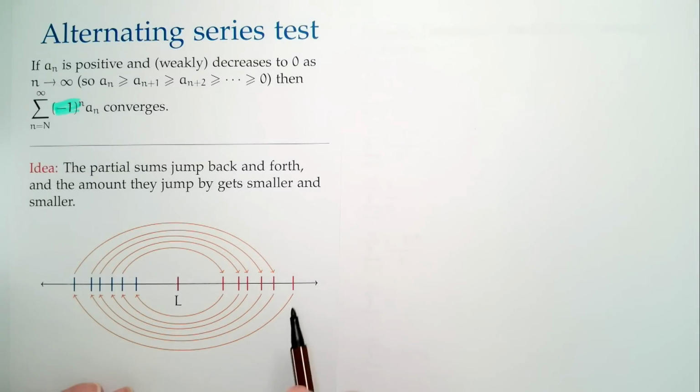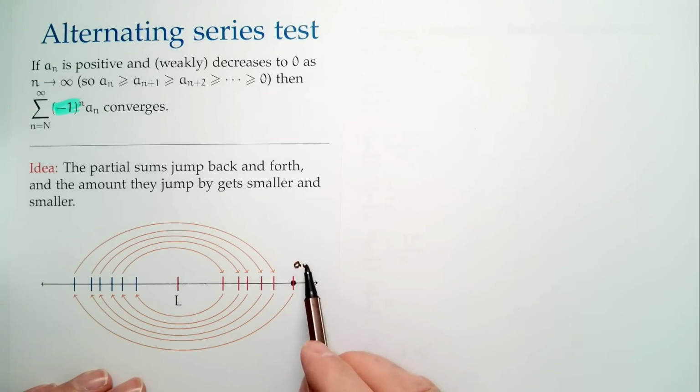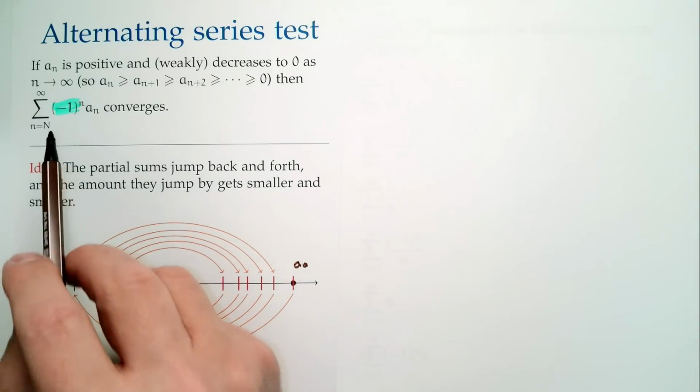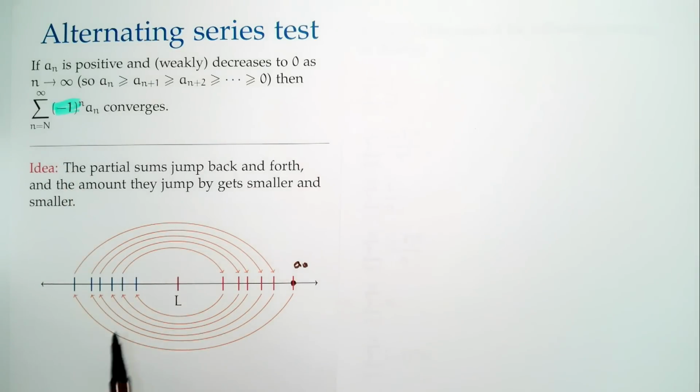Well, the idea is you start here. You could think of this as a value a0, if you like. After you have a0, you're going to go back to the left, because a positive number says move to the right, a negative number move to the left. So a0, move back, or a1.